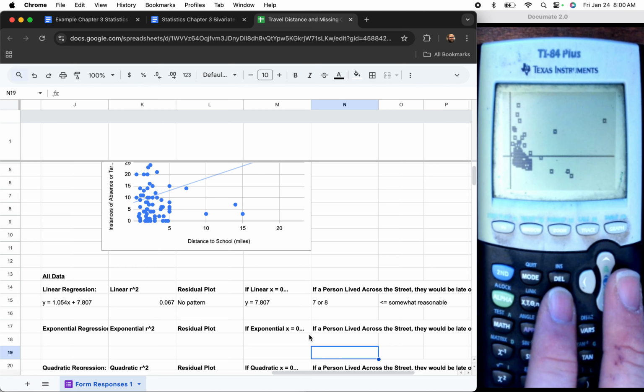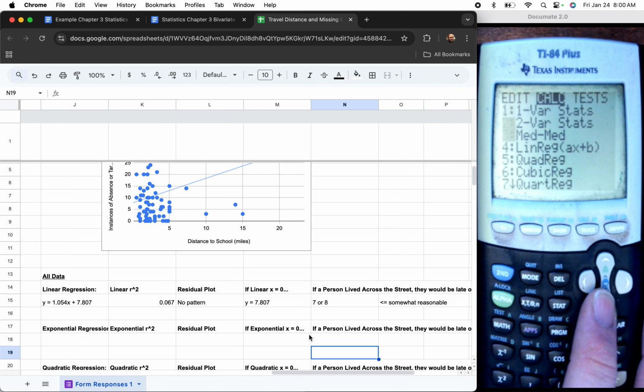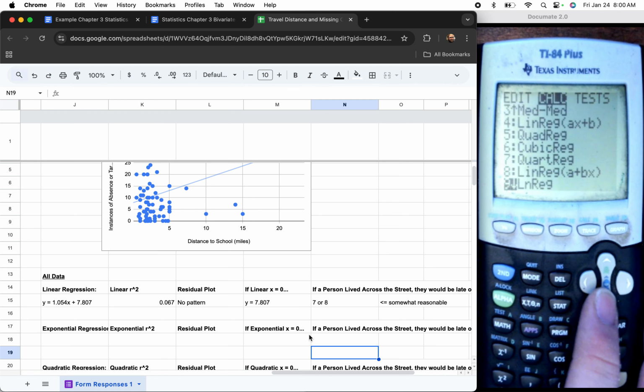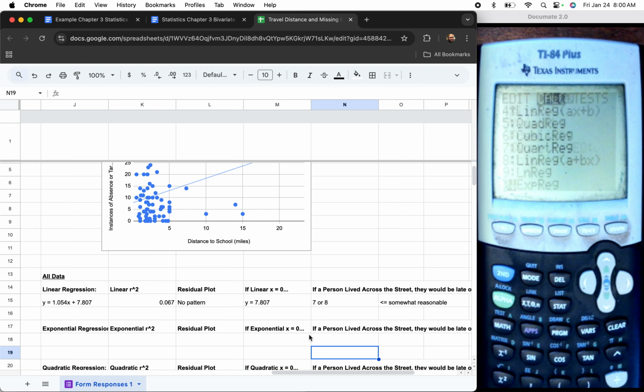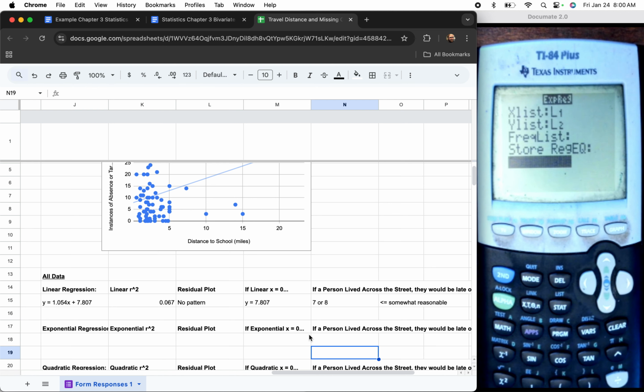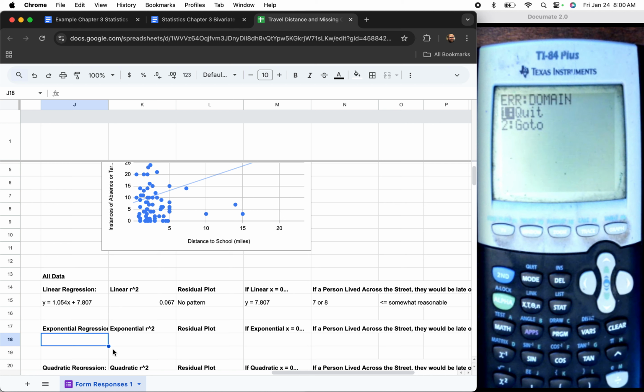So now I'm going to run a new regression, Stat, Calc, option 0 for an exponential regression. And something special happens here. Because I had some y values that were 0, I get a domain error. So that means that I can't actually get an exponential regression here, which is fine. It just means that it's not going to be the best measure of center for me anyway. So cannot find this equation.